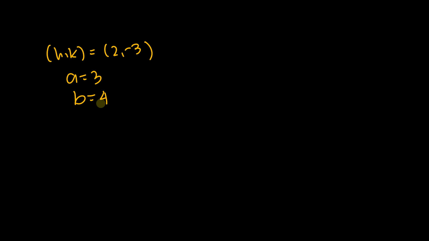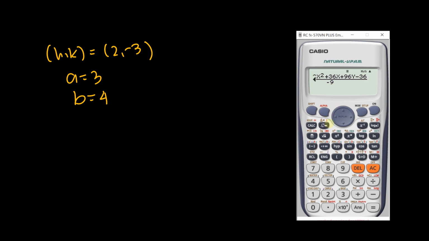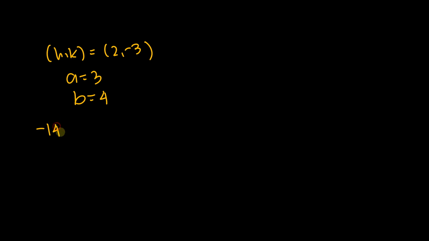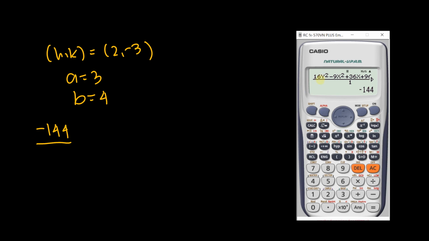Okay? Since I forgot to mention it, in this calculator technique, let me go back. The reason I want to show this is that your numerator has a value of negative 144. Then that negative 144, we divide it by 16, then divide it by negative 9.